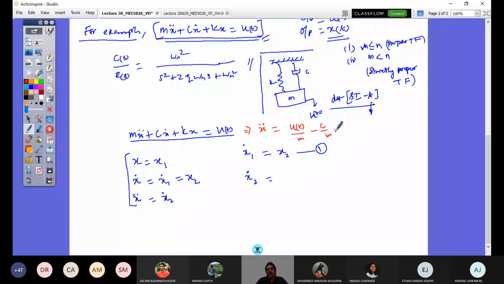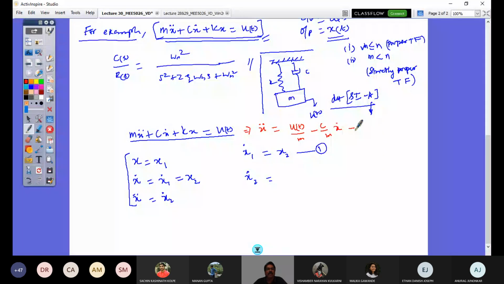So x dot is what? x1 dot. So x dot is x1 dot, right? Let me first write whatever is there here. That's going to be x dot minus k by m x. So if you look at here, x2 dot is x double dot.